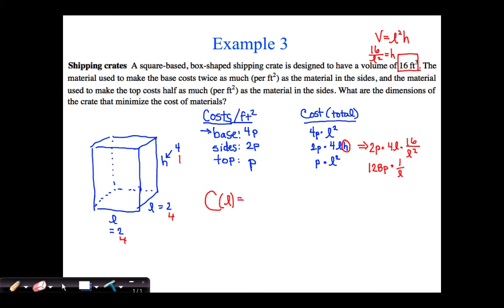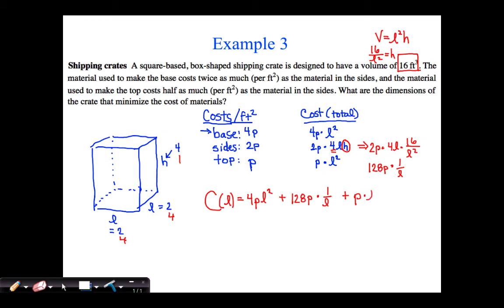We need 4p times L squared, and there'll be some simplifying we can do, for the cost of the base, this lovely expression, whatever form you want to put this in, 128p times 1 over L, or 128p L to the negative 1, for the cost of all 4 sides. The 4 was built in here, it just got absorbed by the rest of the coefficients. And the cost of the top is just p times L squared.